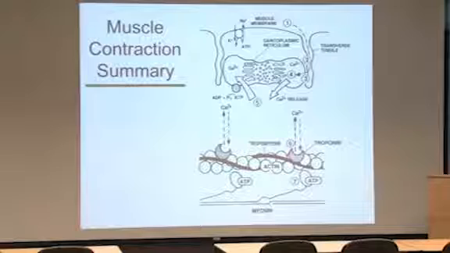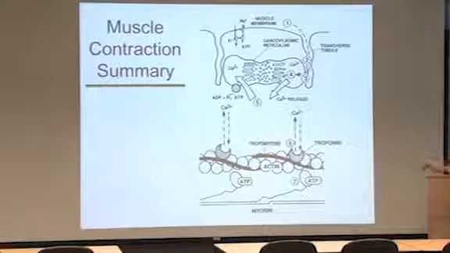This cycle continues as long as there's ATP and calcium. To relax the muscle, calcium is pumped back into the sarcoplasmic reticulum via the sarcoplasmic endoplasmic reticulum calcium ATPase, or SERCA. Cytoplasmic calcium falls and the muscle relaxes.